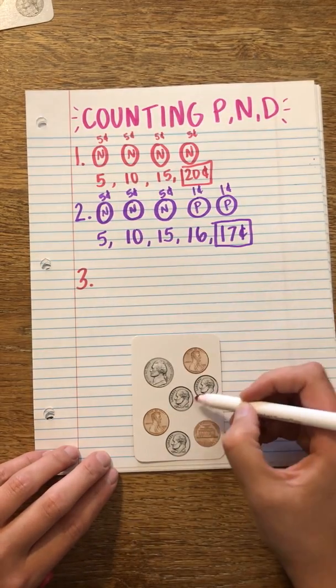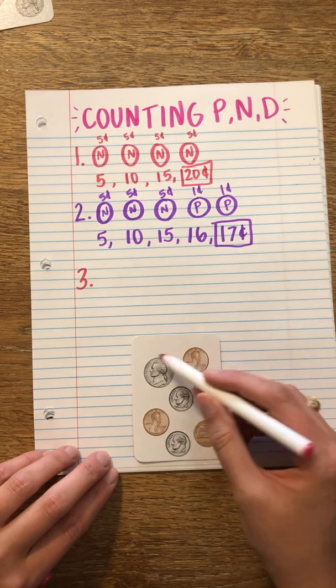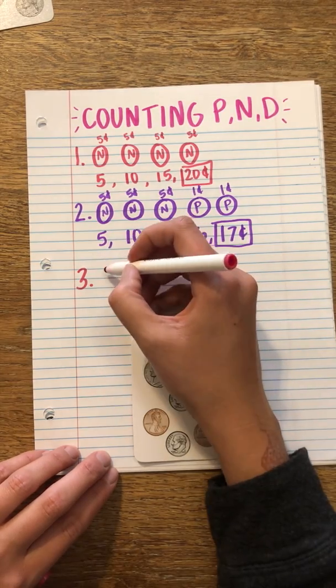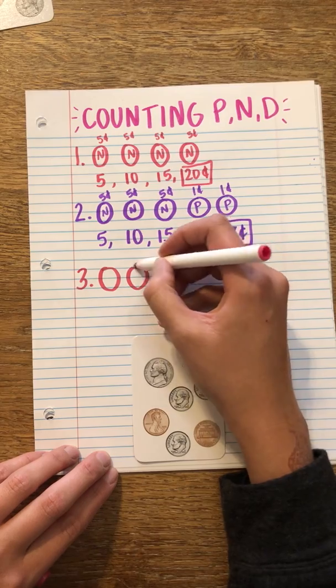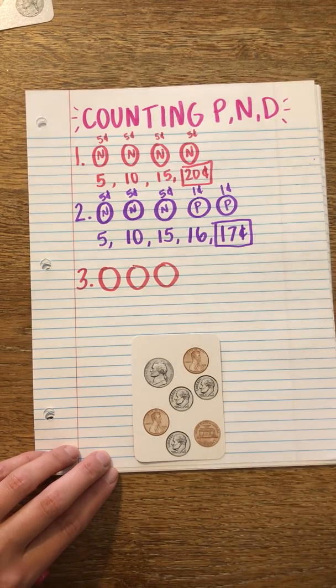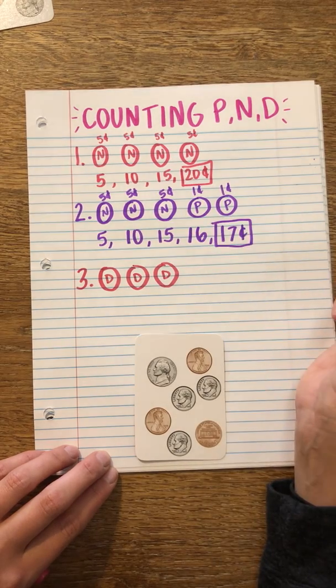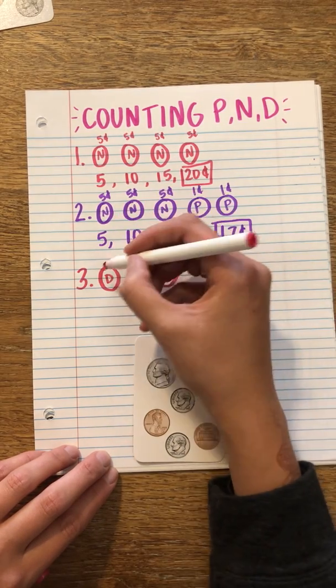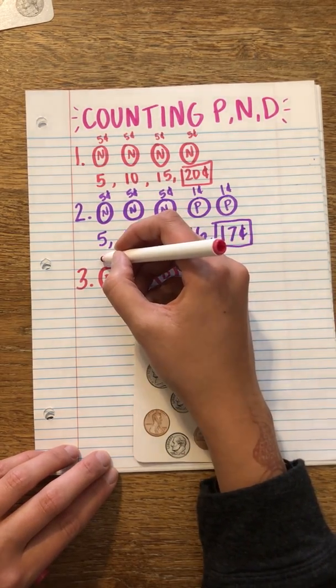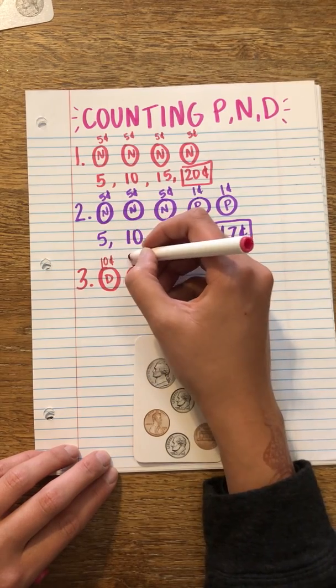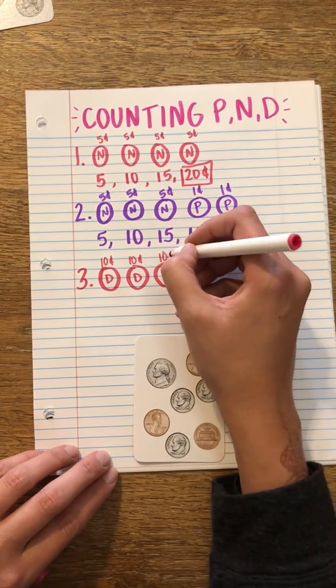So I'm gonna draw how many dimes? 1, 2, 3. Am I sure? Did I miss any? Nope, just 3. I'm going to say D, D, D. And then I'm going to say how much these dimes are worth up above, which is 10 cents, 10 cents, 10 cents.